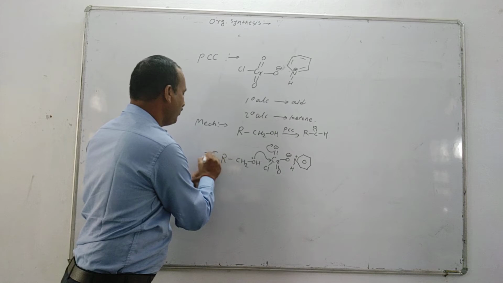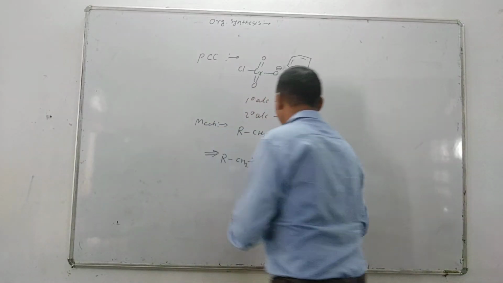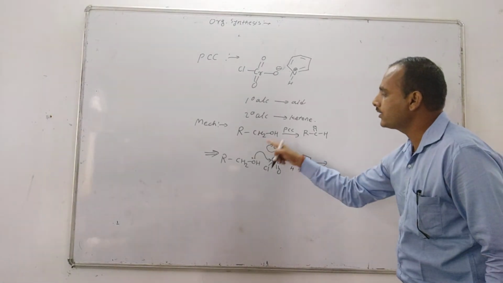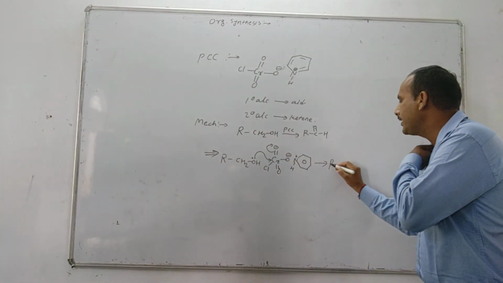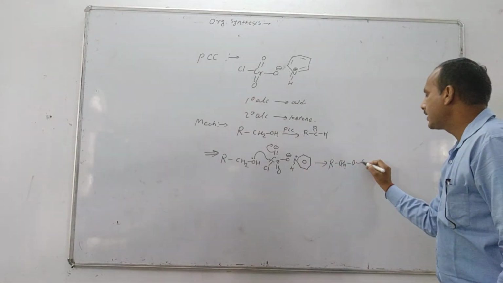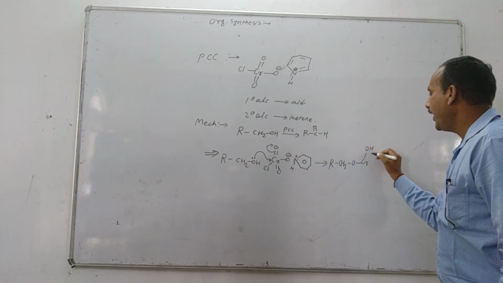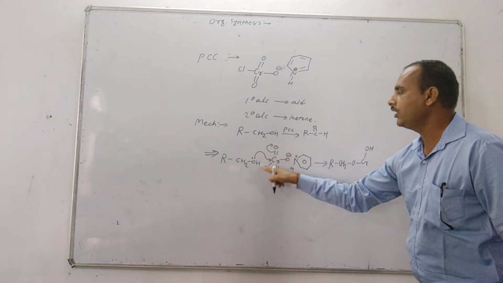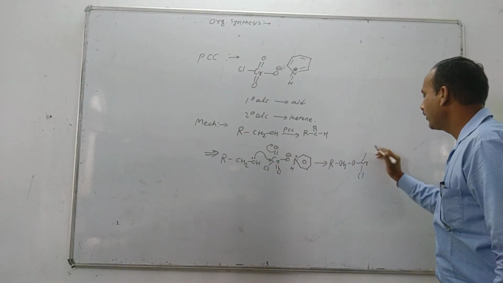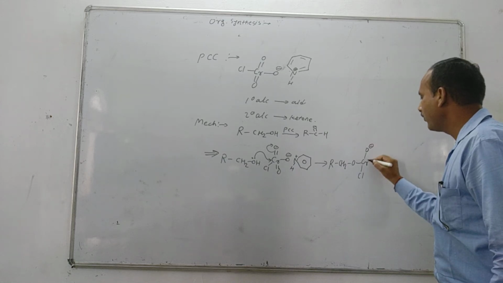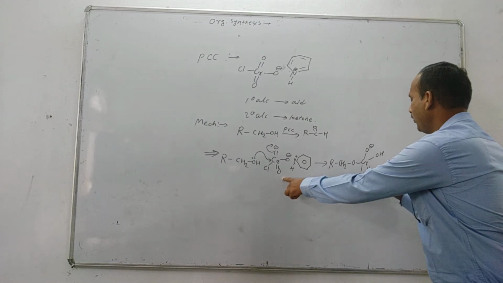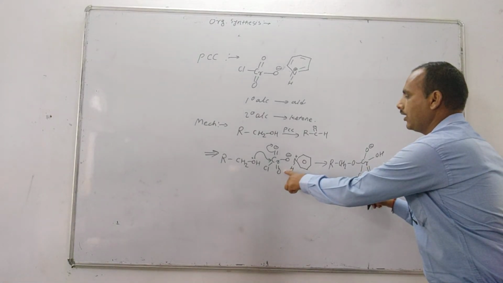This is the mechanism for the reaction. Now this O minus takes the proton, and we can write RCH2O CrOH, with O minus, one OH, one C double bond O, and one Cl.